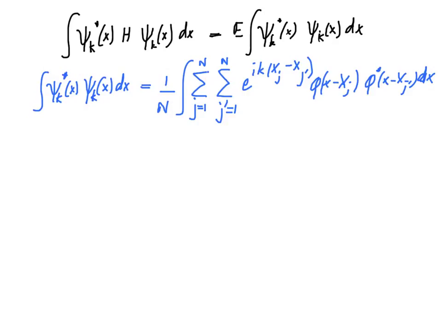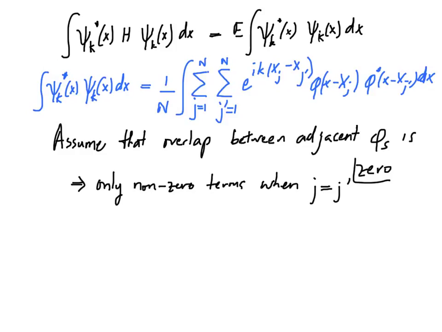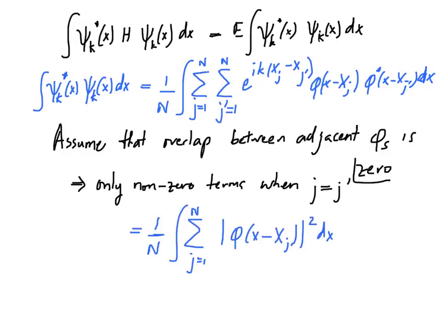What we are saying is that the overlap between even adjacent atoms is 0, which means all the terms of this double summation will vanish except when j equals j prime. And so when that happens, our double sum becomes a single sum, and we get the following.